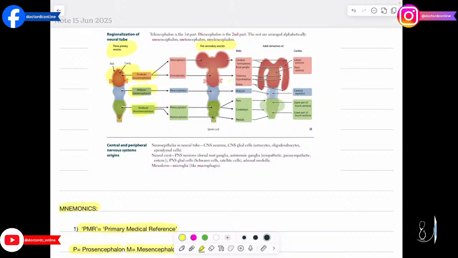By week 5, these 3 vesicles further divide into 5 secondary vesicles.